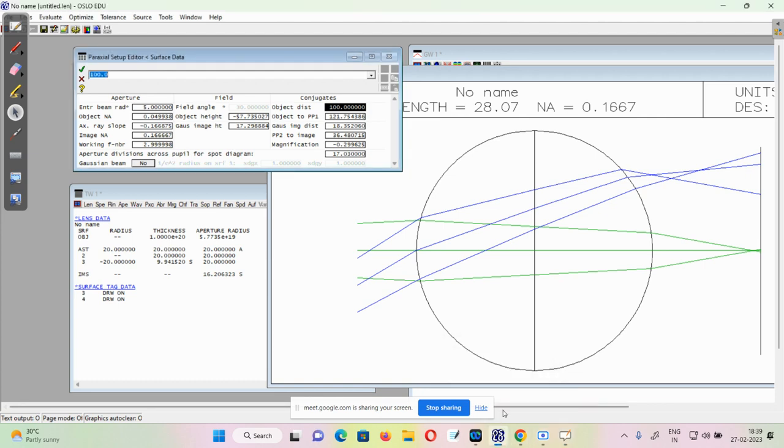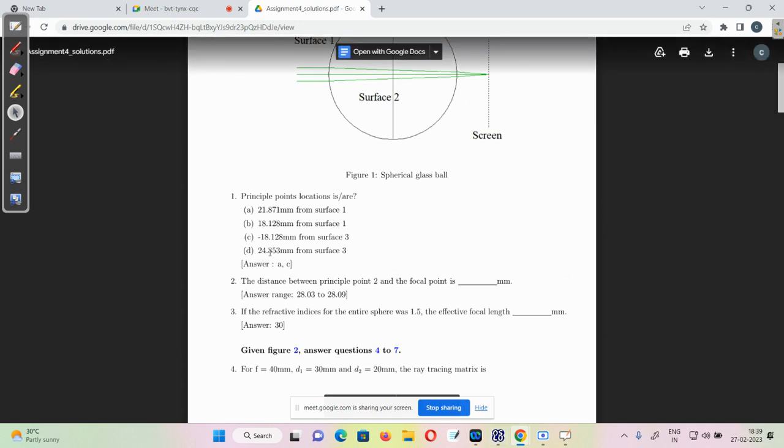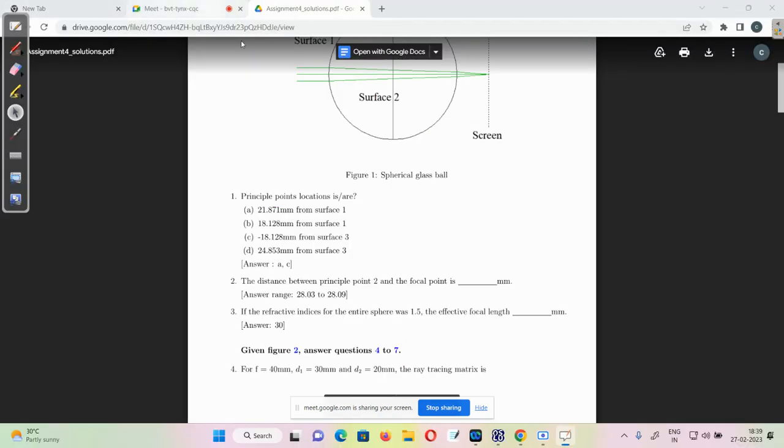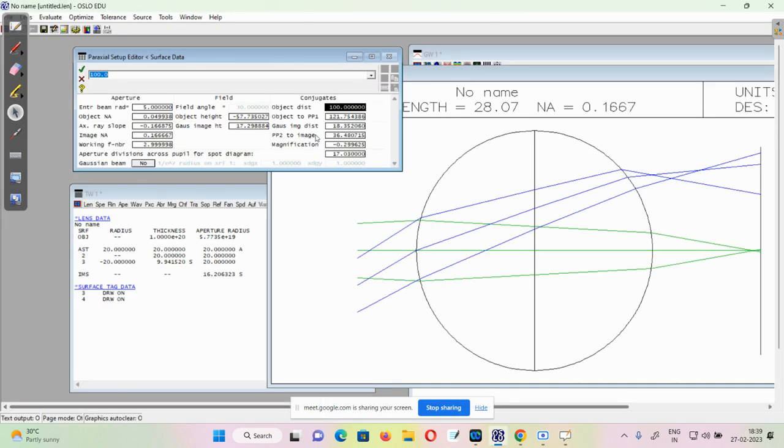So if there is an object plane, a principal plane, it is at this much distance, 121.75. And there is an image plane, PP2 to image, and that distance is given as 36.481.